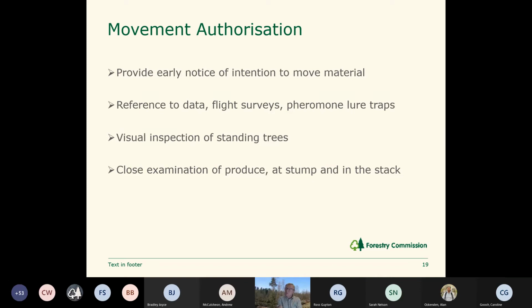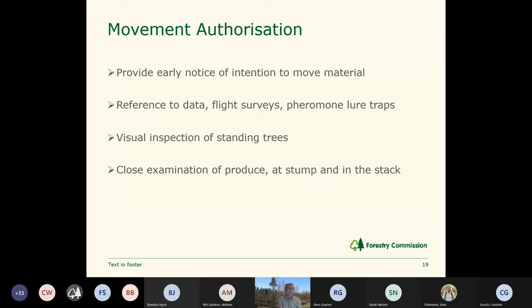Now that is both a regulatory requirement, a legislative requirement for us to do that, and it's obviously very good practice, because however well we survey any woodland, there's only ever a guarantee of finding something, not confirming its absence. But there are multiple layers of inspection and consideration before we allow material to move from any site within the demarcated area.